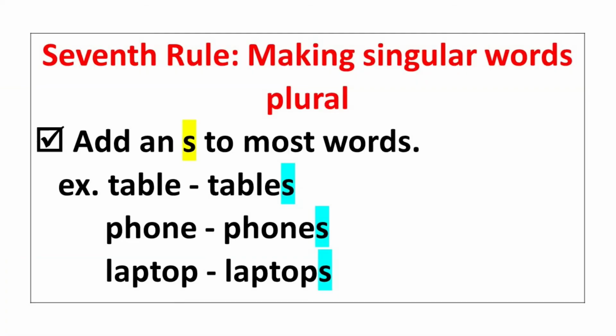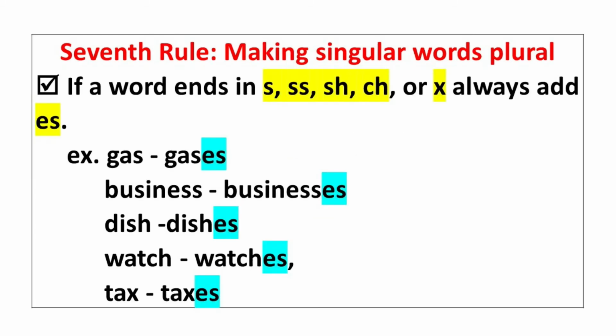Last but not the least, let's now talk about the seventh rule with 7 points to consider in forming the plurals of singular words. The first point says that we add an s to most words. For example, table becomes tables, phone becomes phones, laptop becomes laptops.